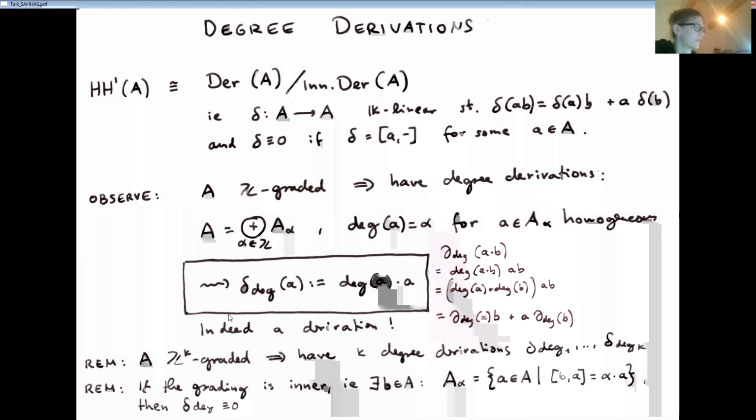So even better the situation gets if we have some Z to the k grading, because then we can easily collect k degree derivations from that, and we might lose some derivations again, because if the grading is actually some so-called inner grading coming from some commutator action with an element in the algebra, then of course one can realize it as an inner derivation, and it vanishes in first Hochschild cohomology.